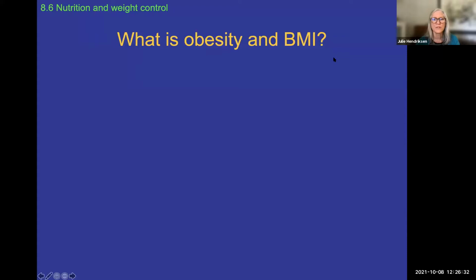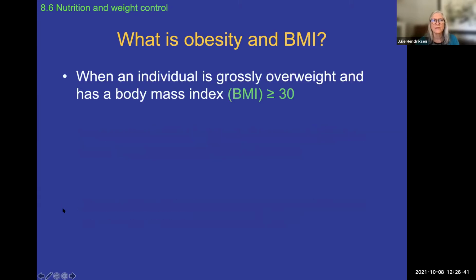And finally, for this chapter 9, part 1, we just want to consider what obesity and BMI are. BMI stands for body mass index. It's a measure of the amount of adipose fat tissue relative to your weight.